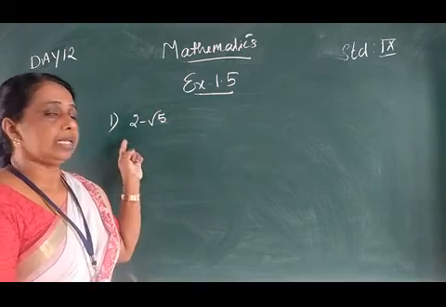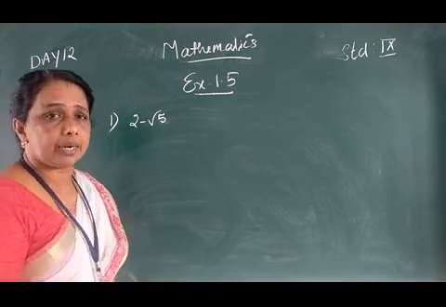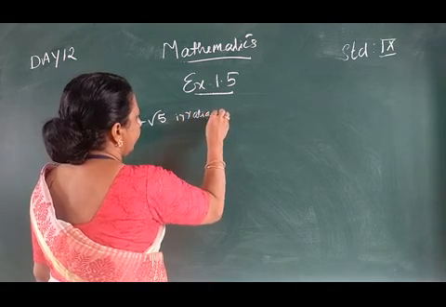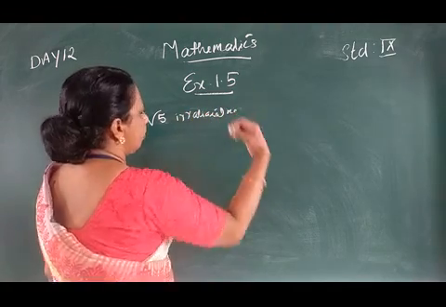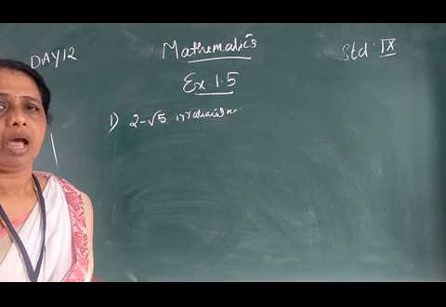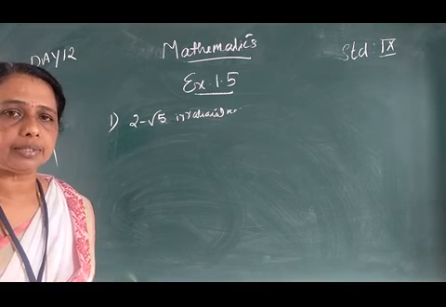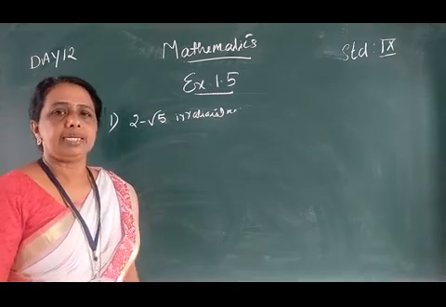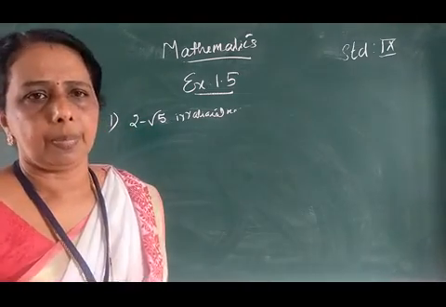Therefore, this 2 minus root 5 is an irrational number. Why? Because you already studied that the difference between a rational number and an irrational number is an irrational number. So 2 minus root 5 is an irrational number. Okay.